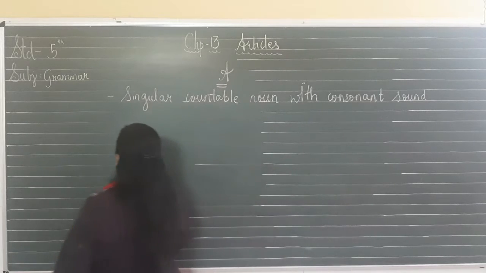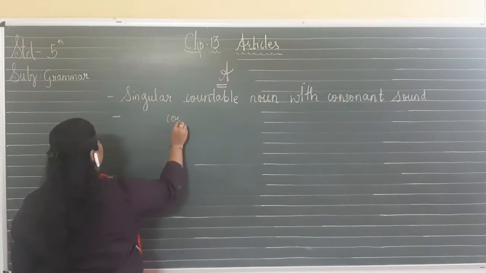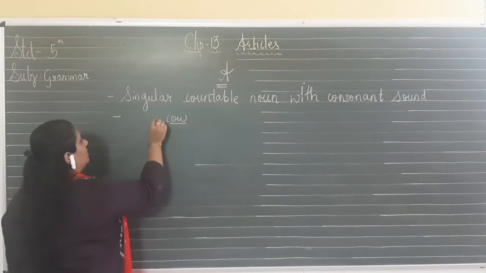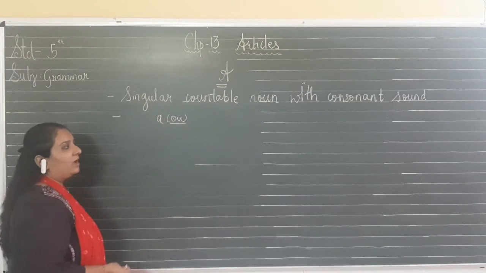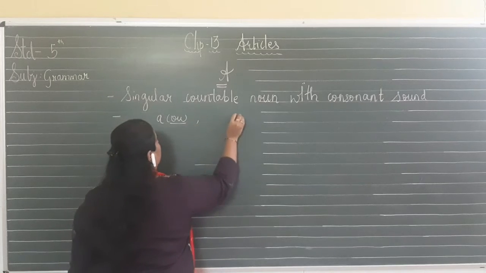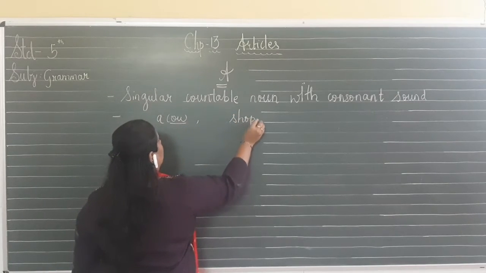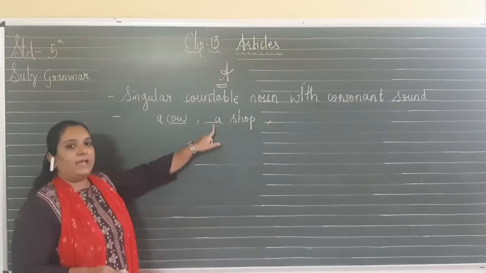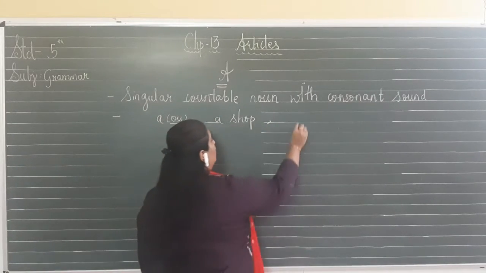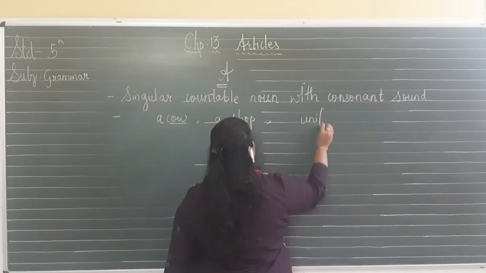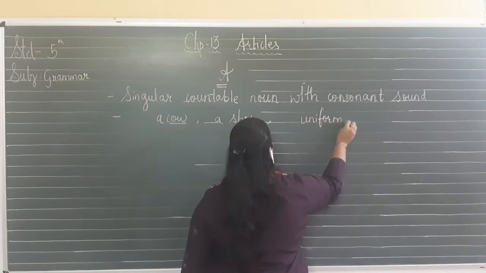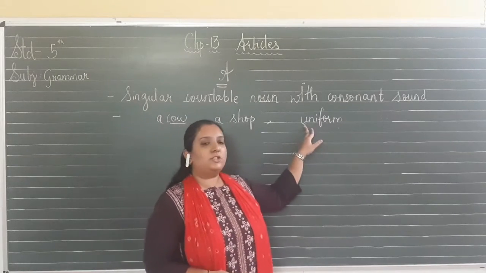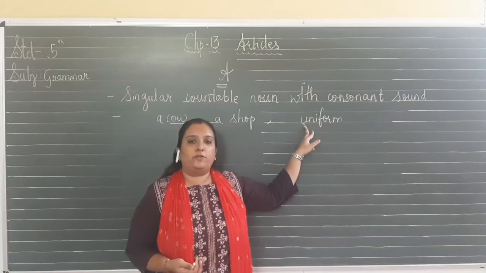For example, cow. It is a singular countable noun with a consonant sound, so there we will use article A before cow. Second, shop. Singular countable noun with a consonant sound, so here also I will use article A. For example, uniform. Now you will say, U is a vowel. I know it is a vowel. But what pronunciation sound do we get from uniform?